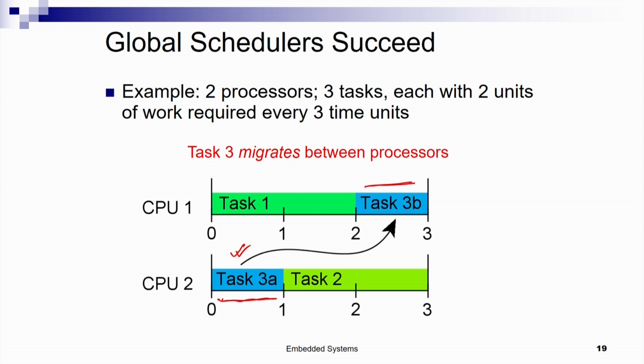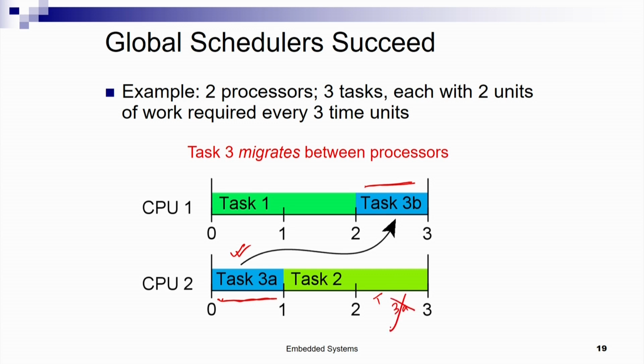So, why have we done this? If we do not do this, we cannot schedule task 3B and task 3A here, right? We cannot schedule 3A here. This is not possible. Why?